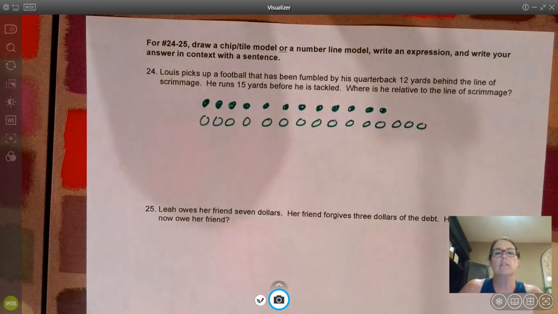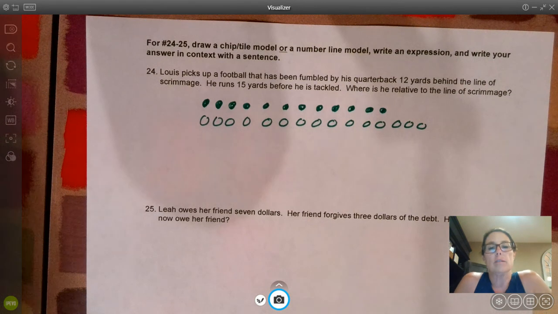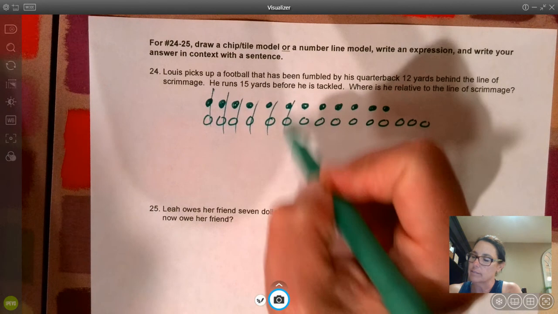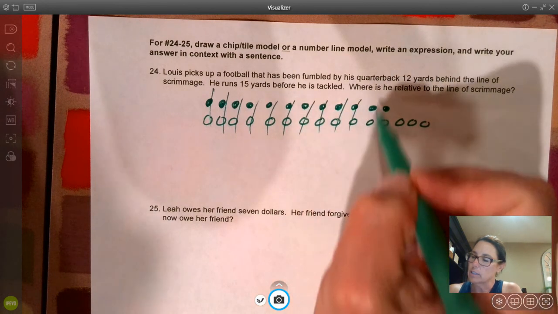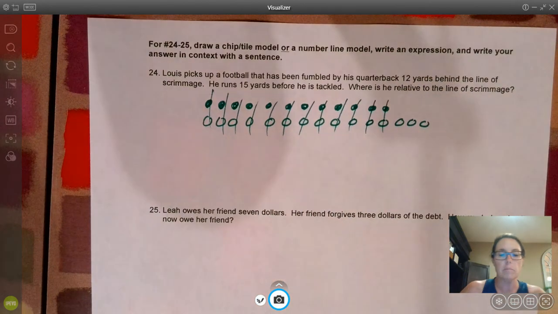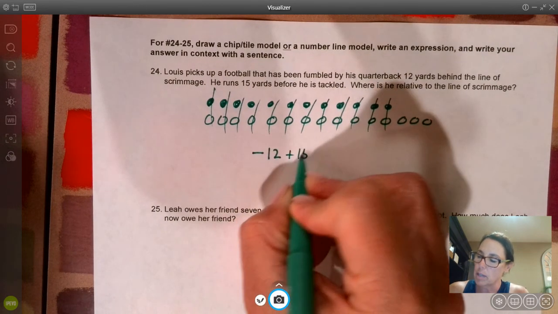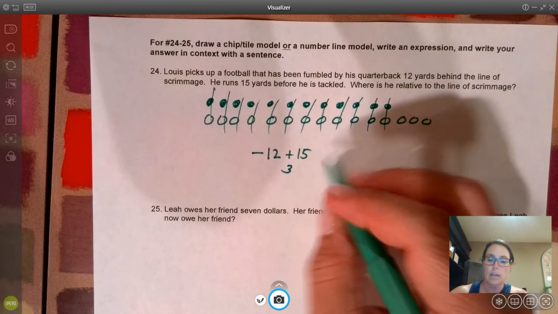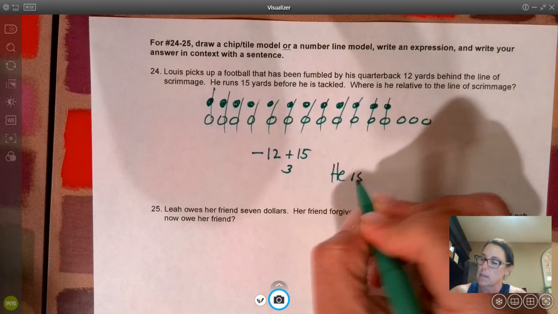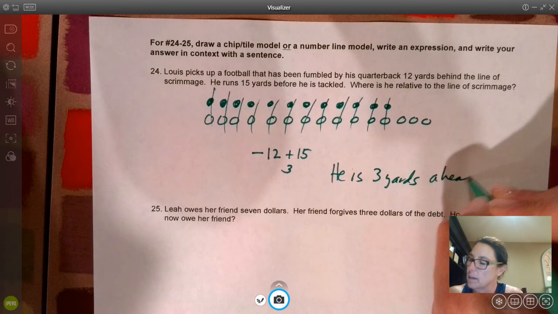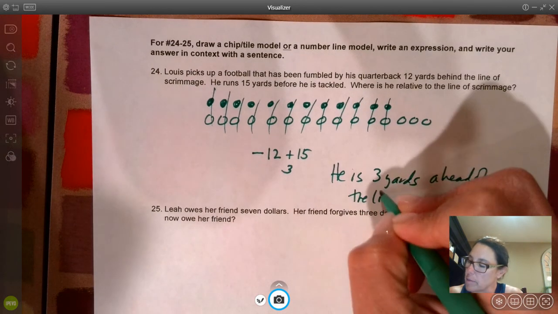Okay, I tried to line up my positives right under my negatives so I can see I have 12 zero pairs, leaving me with 3 positive. So my expression would be negative 12 plus 15, that equals 3.